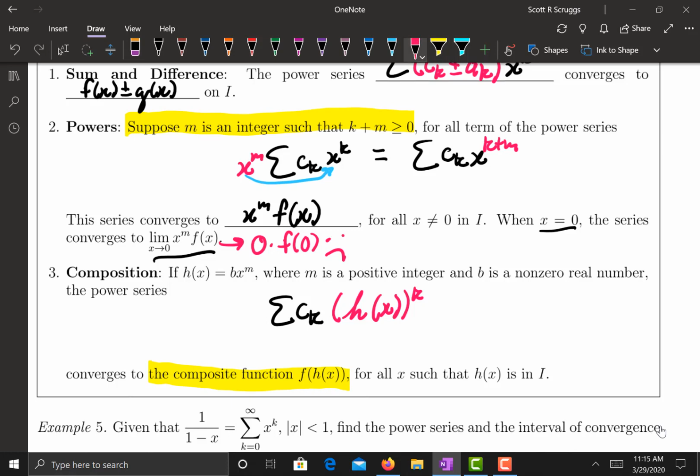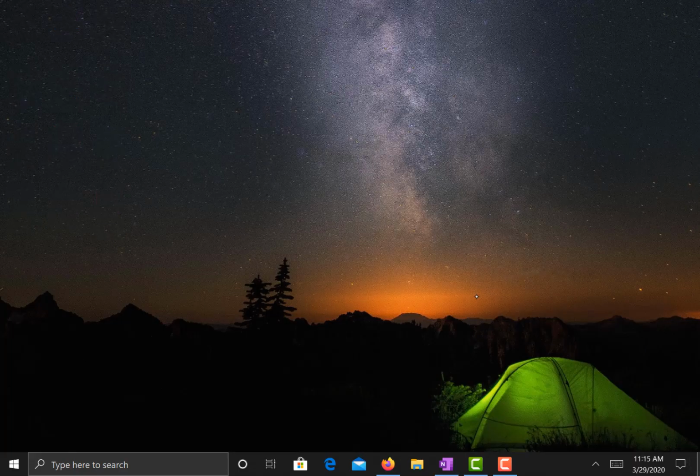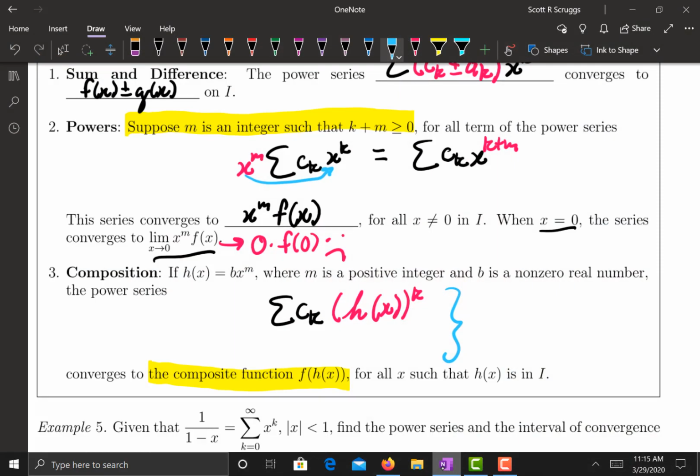What this third theorem is saying to us is that we can take a composition of a power series and it's still convergent.